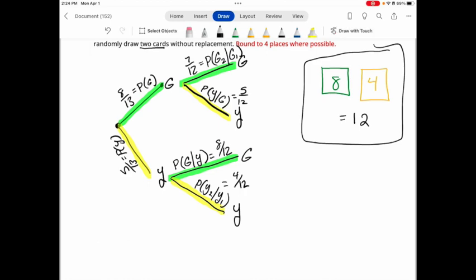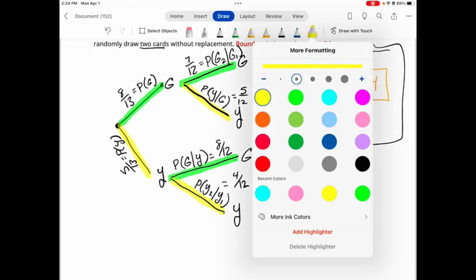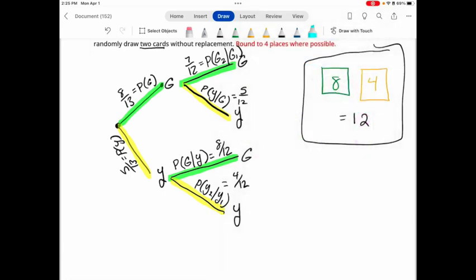So now let's look at all the possibilities that we have. If I follow this track, let me get a different color. Let's try, I don't know, blue. If I come down this track right here, I pick a green, and then I pick a second green. That's the probability of getting a green the first time and a green the second time. And I would just multiply down that track.